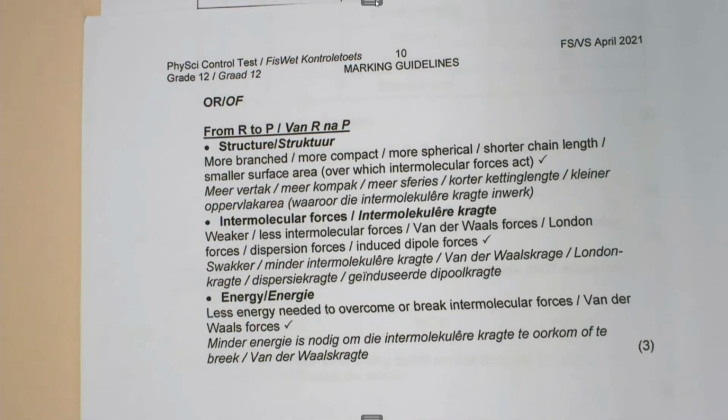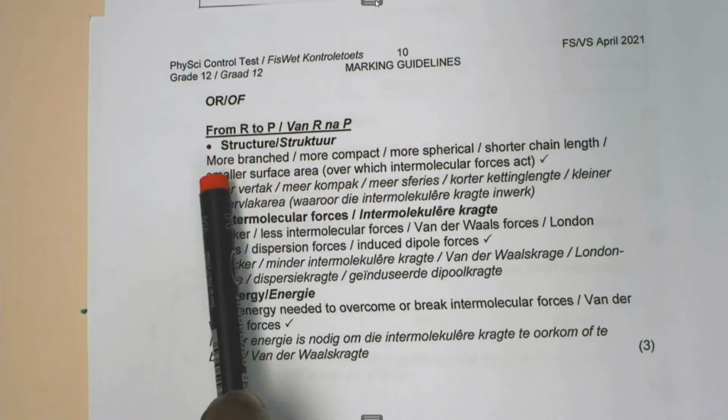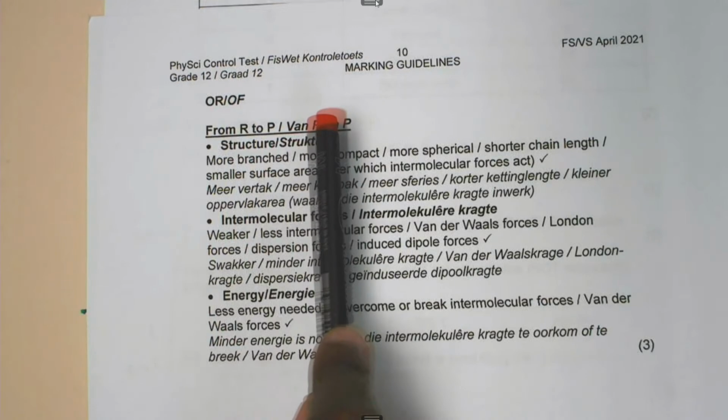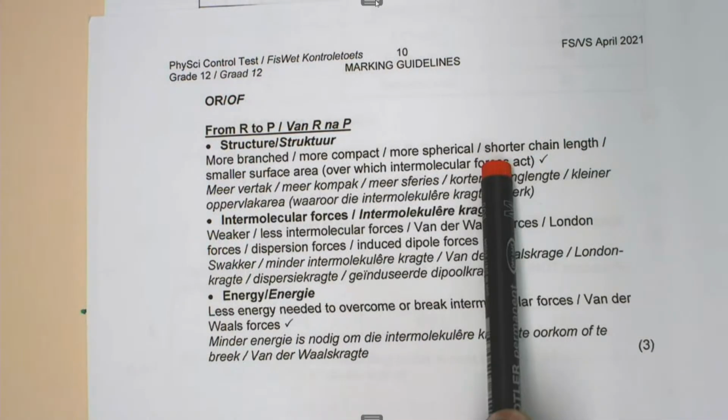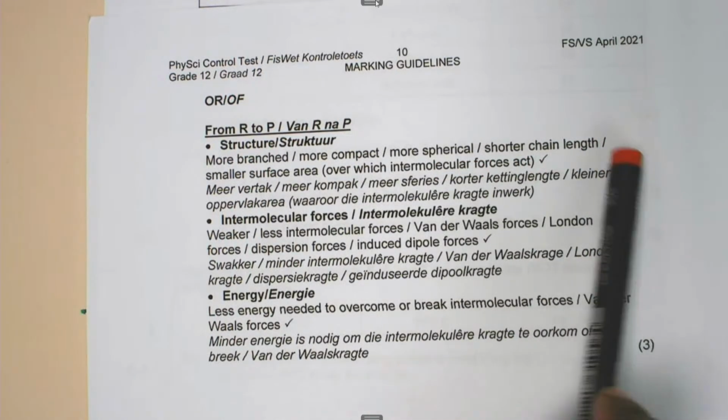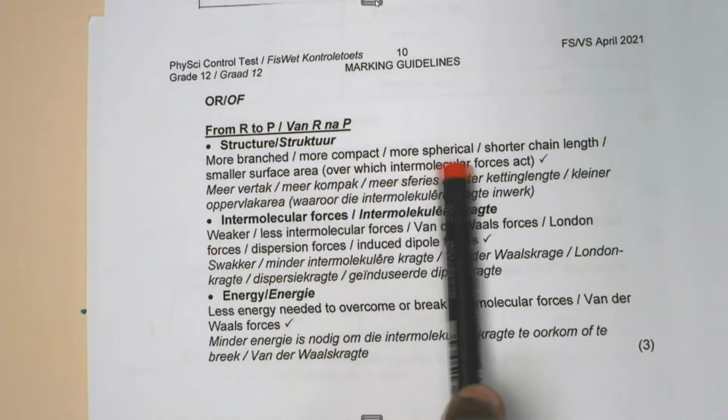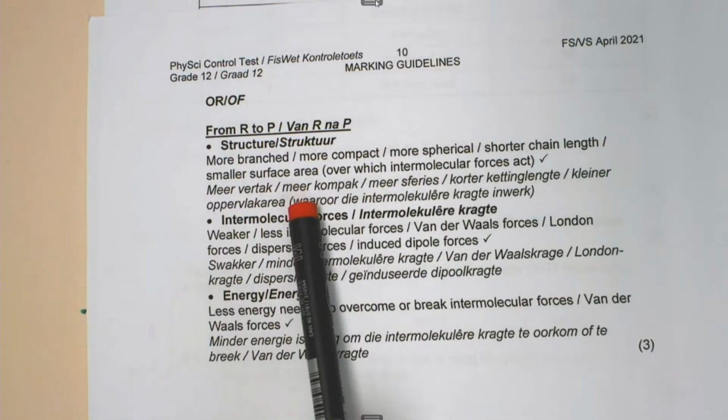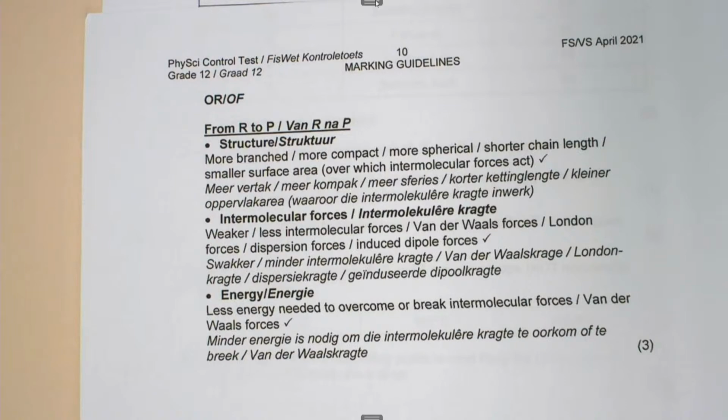So in other words, if the learner does not say from P to R, you'll check whether the learner is saying more branched, it's 1 mark. Or the chain becomes shorter. Or it becomes more compact, more spherical, or the surface area decreases or becomes smaller. It's 1 mark.